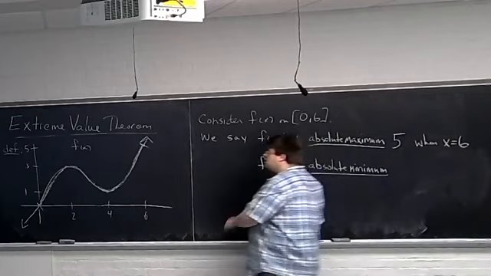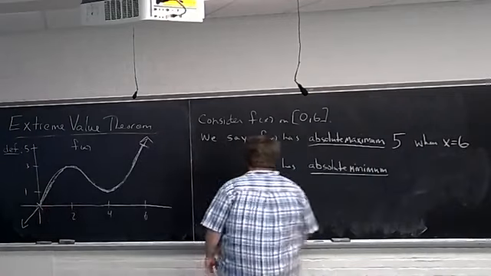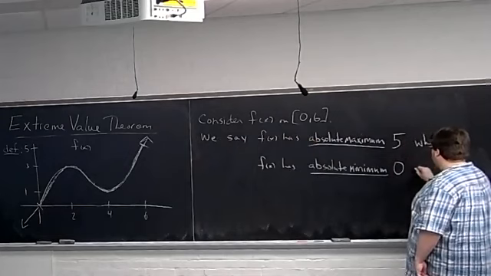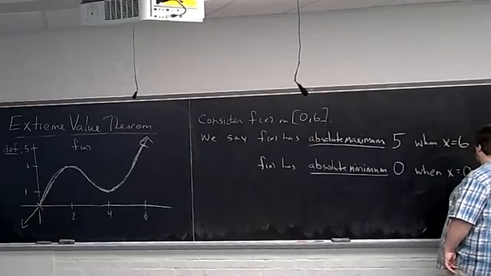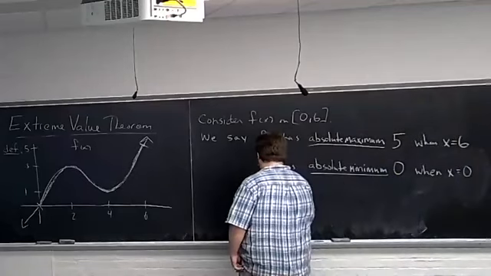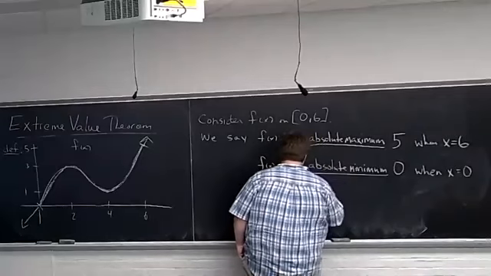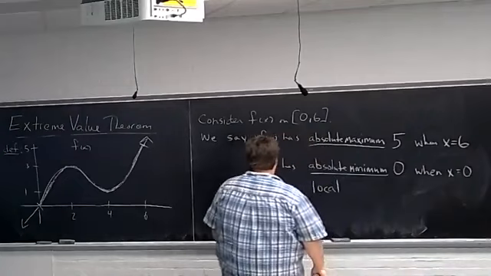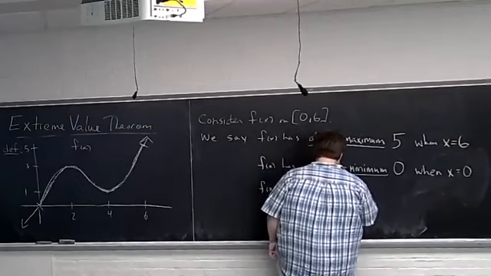The smallest y value is over here, y equals 0. The absolute minimum is 0. When does it occur? When x equals 0. We say f of x has local. And those are absolute, sometimes referred to as global. I like absolute more.